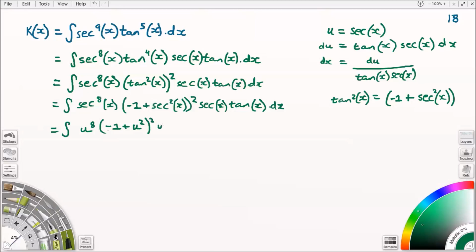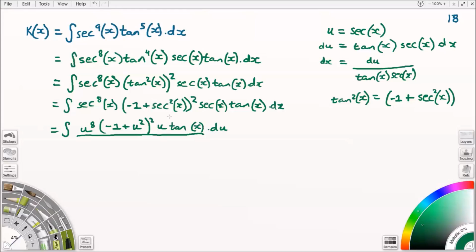And then we have u here, which we could have kept as u to the power of 9. One of them's just about to cancel out here. But we still have this tan x, which we don't want, because we can't derive that nicely in terms of u.